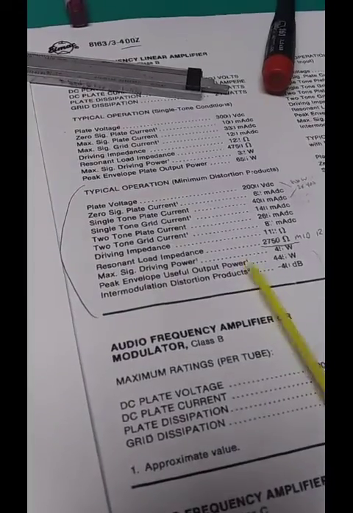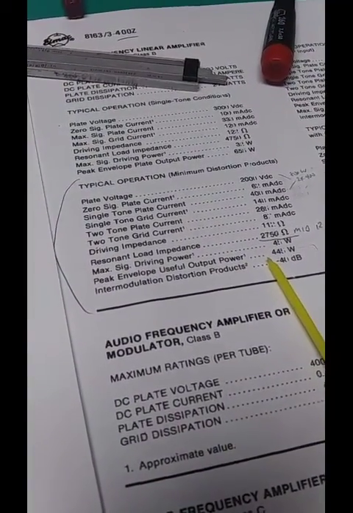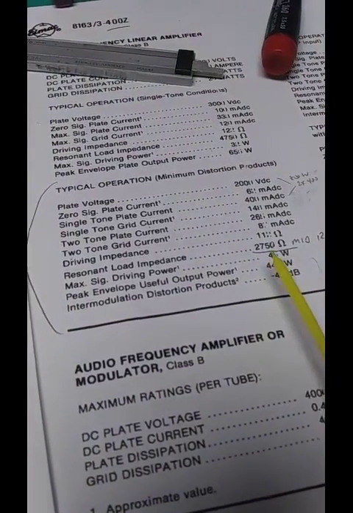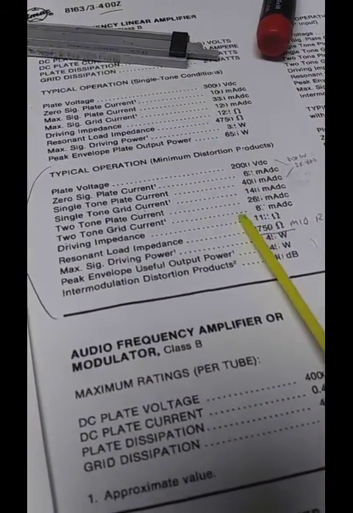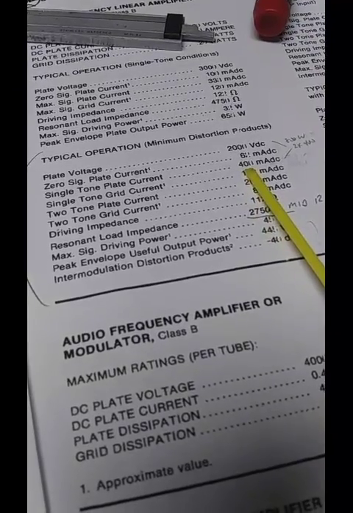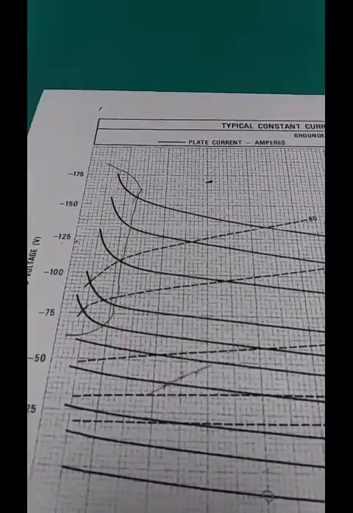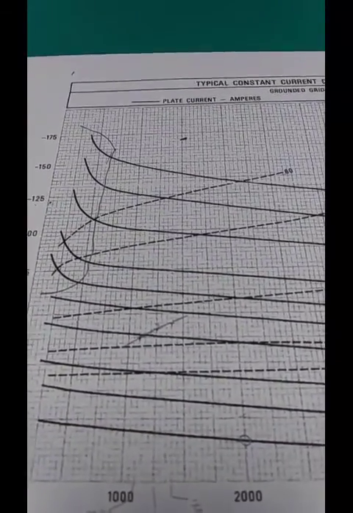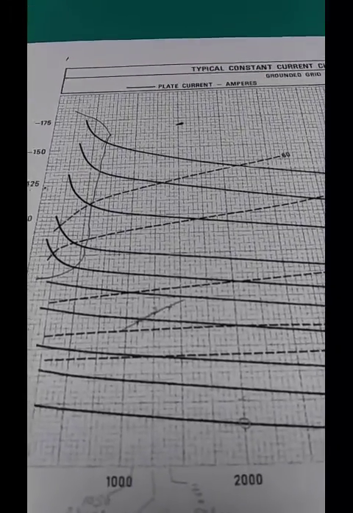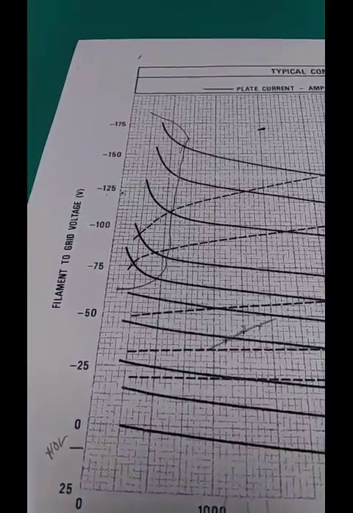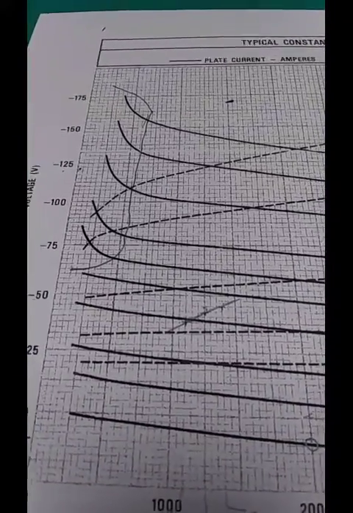And they don't state over here what the maximum plate current is. They say single-tone plate current, which is 400 mils, but that's a number to one significant figure, and I don't trust it as a measured value that I can take to the bank, because I see that it agrees exactly with their initial process of making an assumption for plate current before testing the case for a minimum distortion.